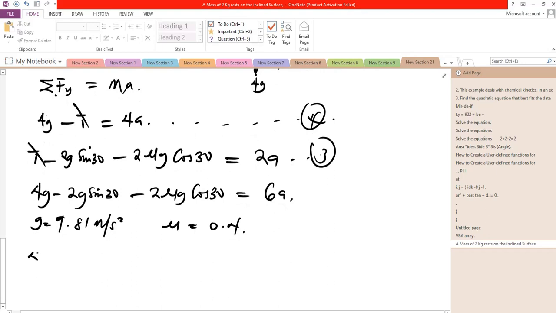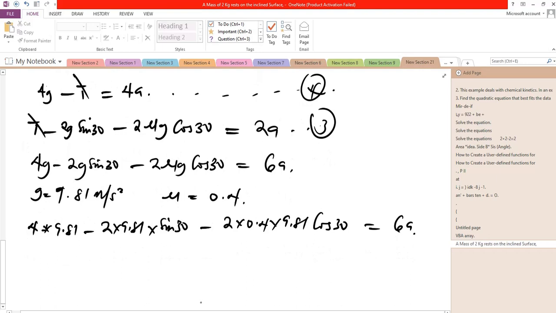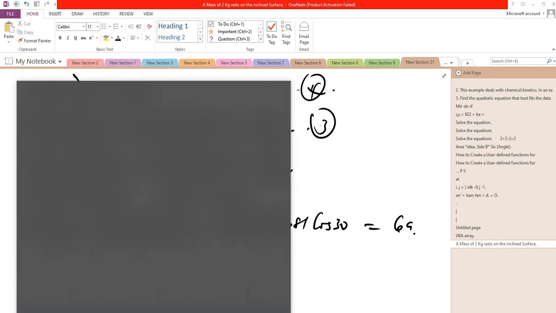So now we have 4 times 9.81 minus 2 times 9.81 times sine 30 minus 2 times 0.4 times 9.81 cos 30 is equal to 6a. Now let's use our calculator to solve this.